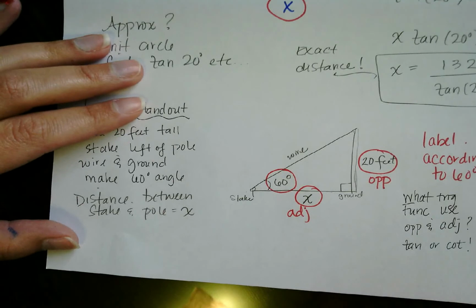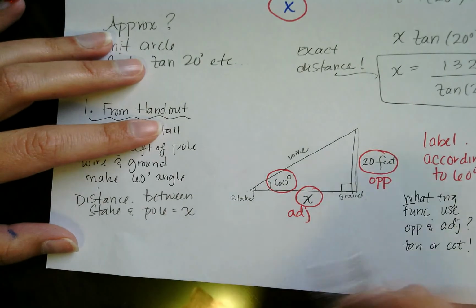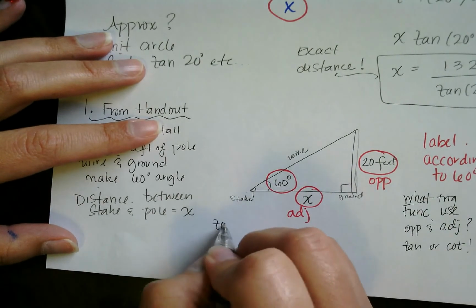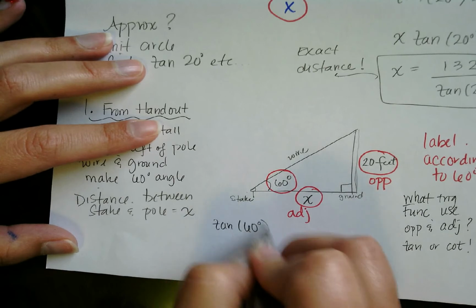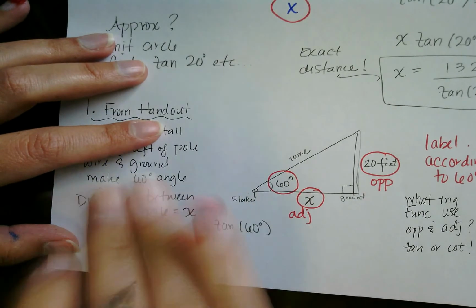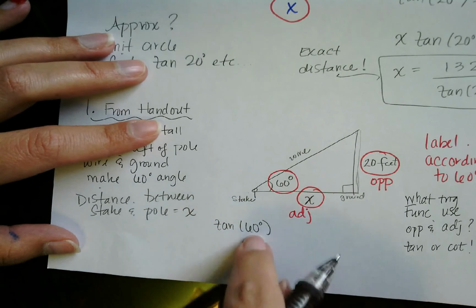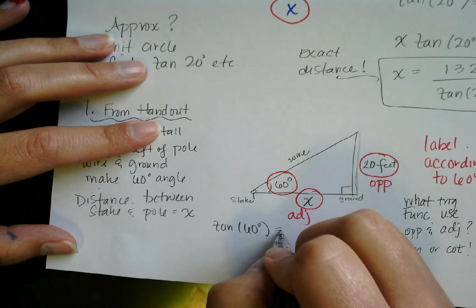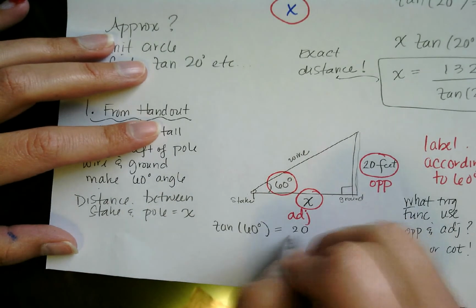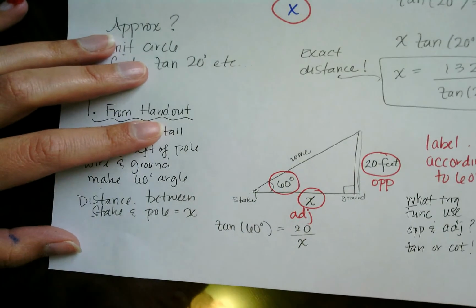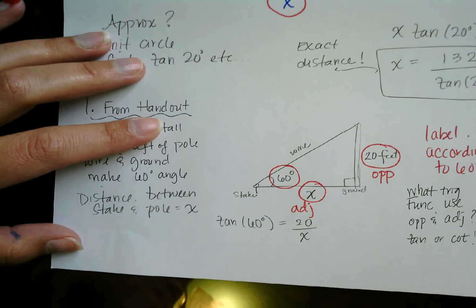So let's set it up. I'm going to try to squeeze this on here. We have tangent of, you always plug an angle into any trig function, whether you're on the unit circle or on a triangle. 60 degrees, which is opposite over adjacent. So tangent of 60 equals 20 over x.